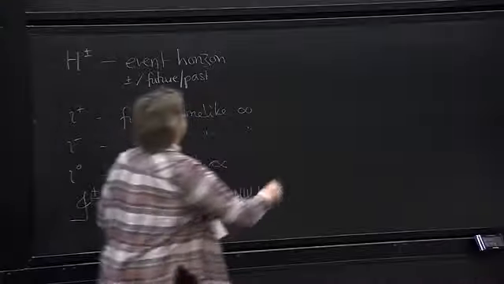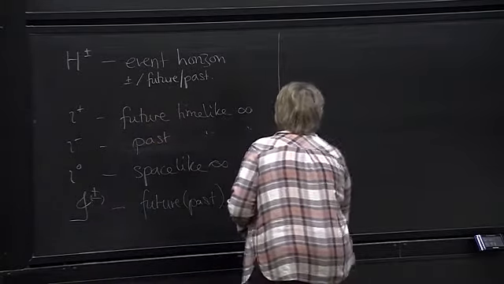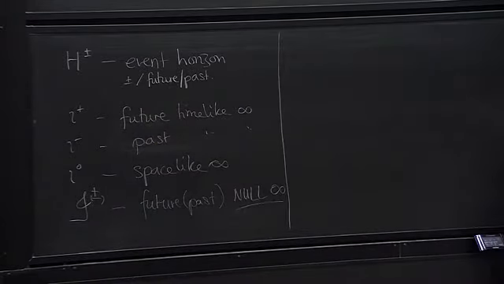So when you're doing formal aspects of classical GR, these are the sort of labels or structures that you're interested in.